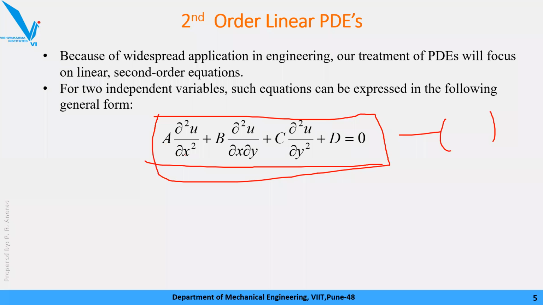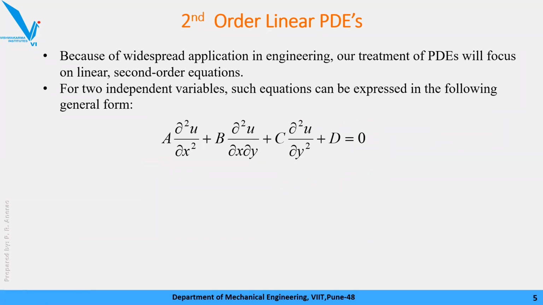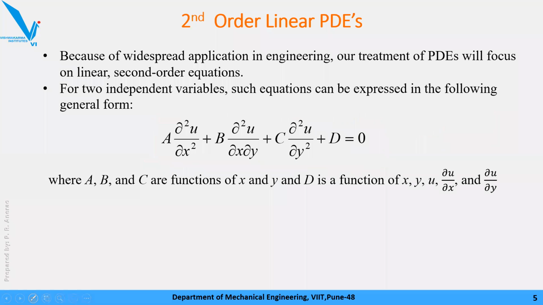So a into the double partial derivative with respect to x, and here b into x into y. Remember this, this sequence you have to remember exactly like this. And the double partial derivative with respect to y. Now this equation consists of a, b, c and d, where a, b, c are functions of x and y, and d is a function of x, y, u, dou u by dou x and dou u by dou y. So this part was covered earlier.